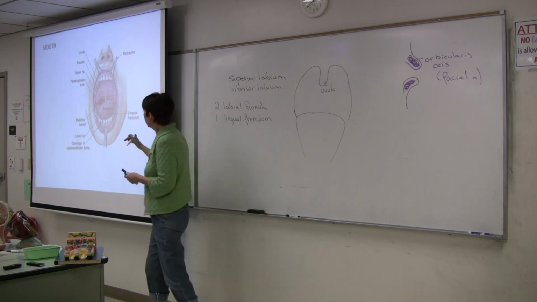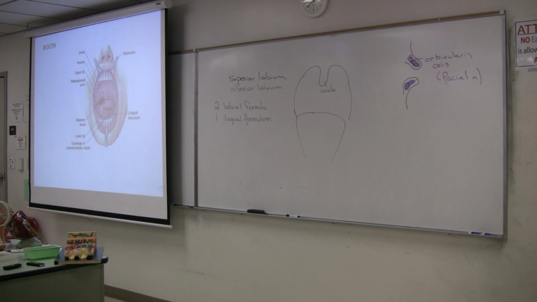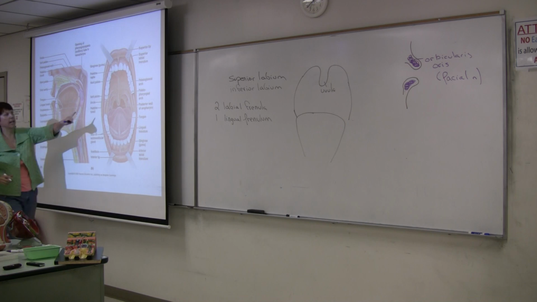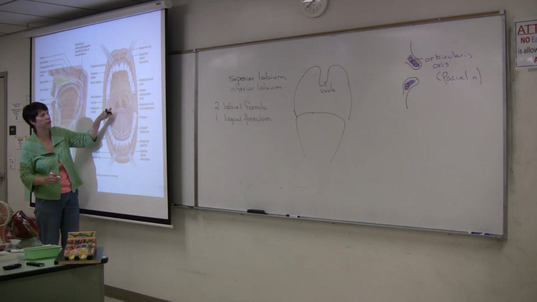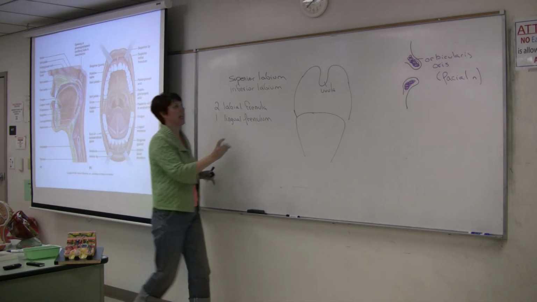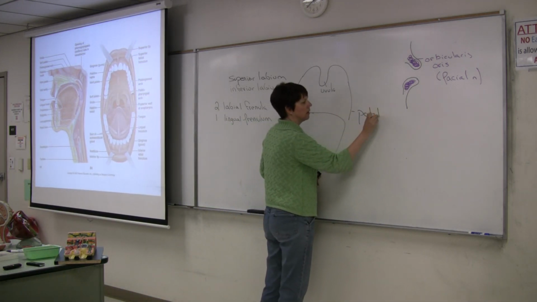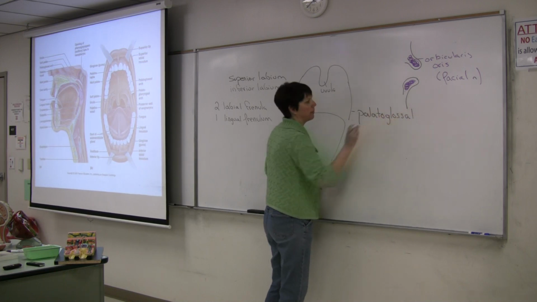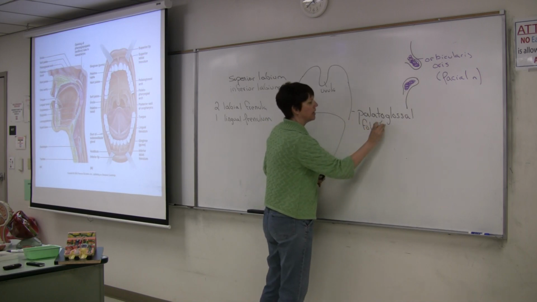All right? I'll move the diagram a little bit to show the larger view. Here, find the tonsil, and then the arch, or fold, just anterior to it is formed by the palatoglossal muscle. So from soft palate to tongue. That becomes the palatoglossal fold, which contains the palatoglossal muscle.